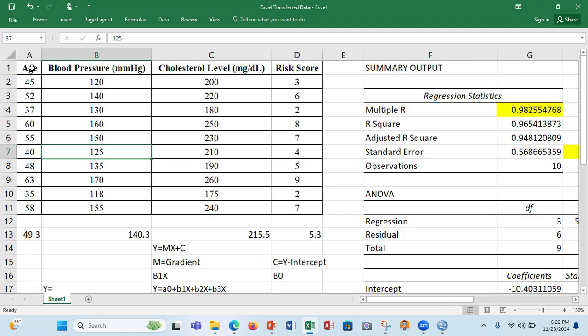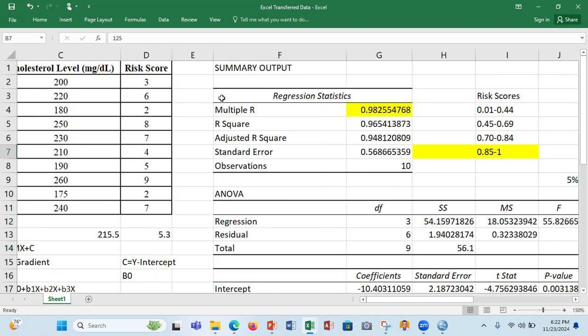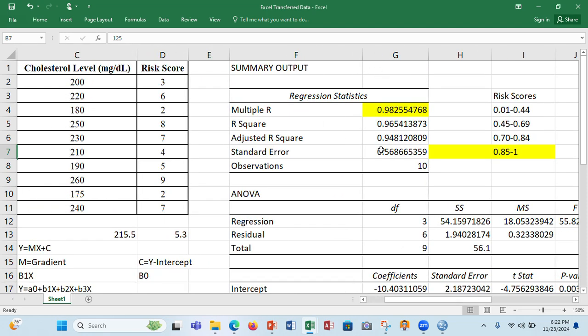This data has age, pressure, cholesterol, and then risk scores. In Excel, we had our risk scores as our dependent variable, and age, pressure, and cholesterol levels as our independent variables. It is from that data that we were able to run our regression analysis.